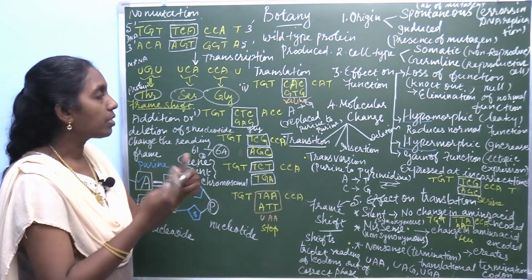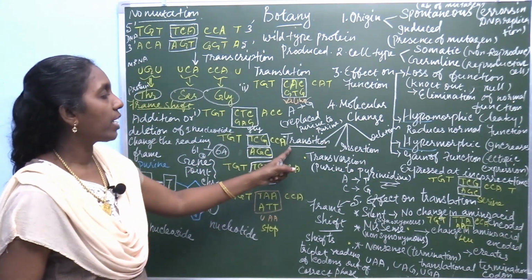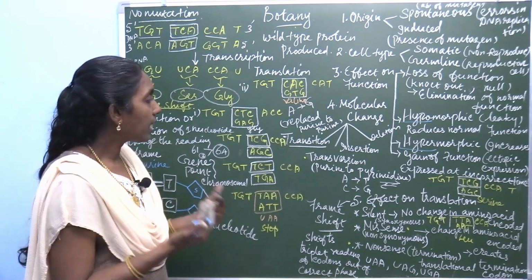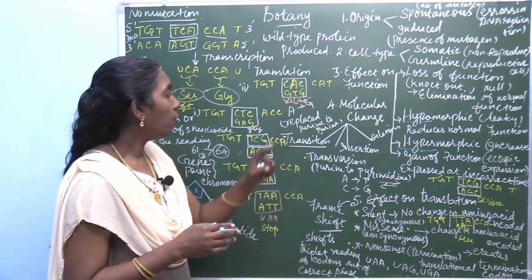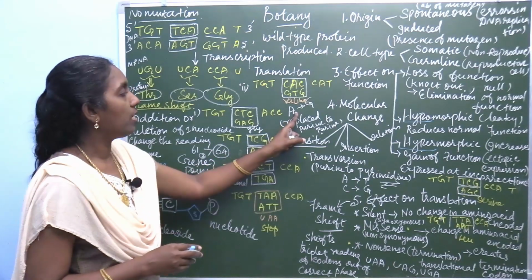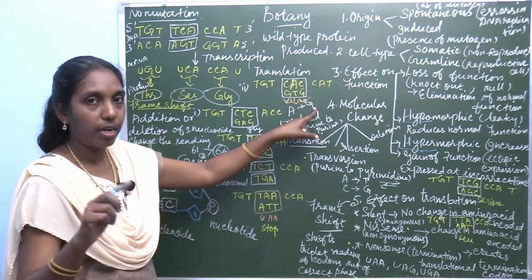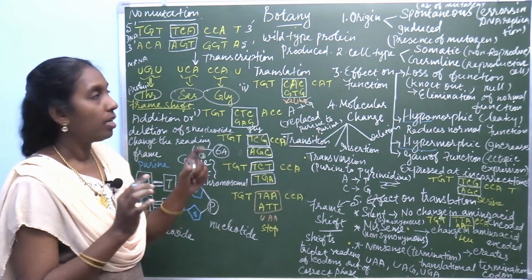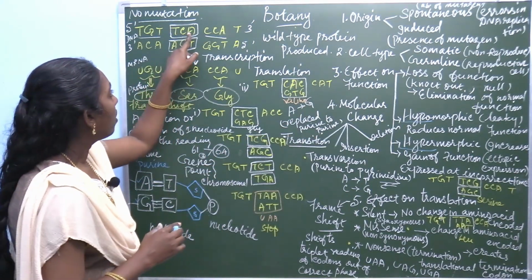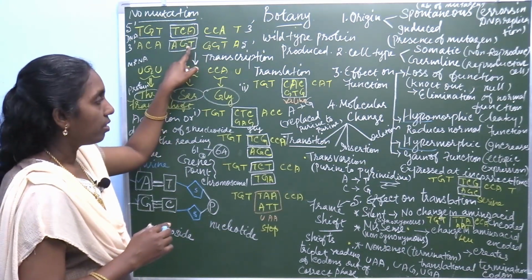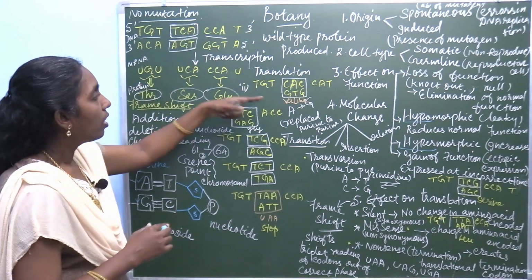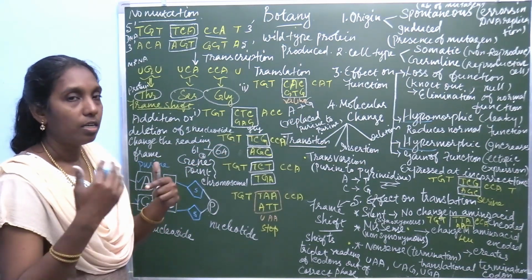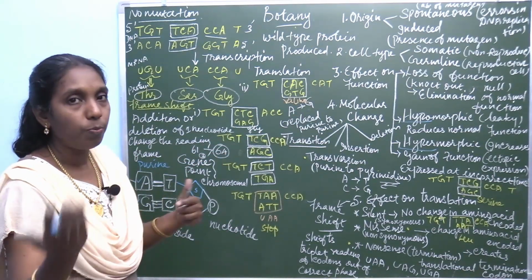Here they are substituted or replaced. The first type is transition mutation. In transition mutation, among the purines A and G, A is replaced by G, or G is replaced by A in the sequence.